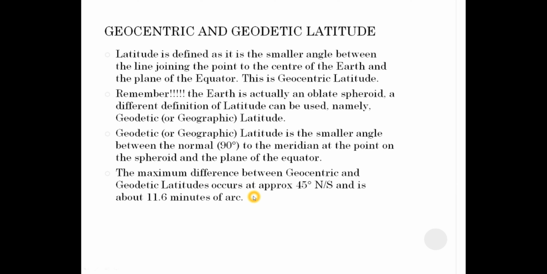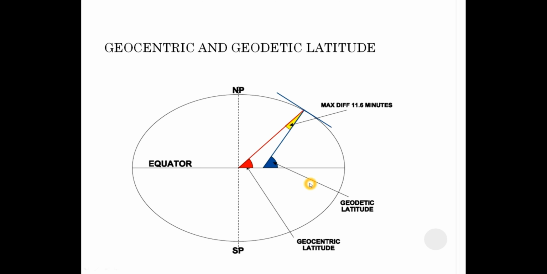And when the question is at what approximate latitude the maximum difference occurs, that is 45 degrees north or south. This is a figure of geocentric latitude, because the arc is measured from the center of the earth, and for geodetic, it is the normal, and the angle formed here is the geodetic latitude.